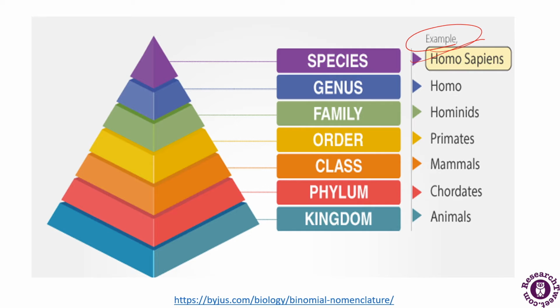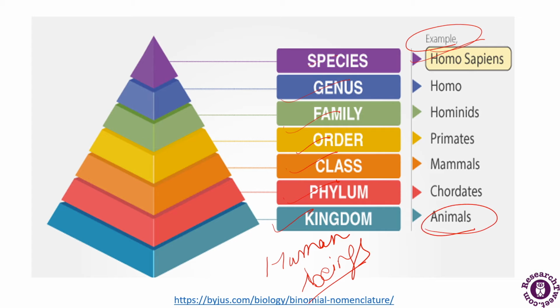First is the kingdom, then the phylum, class, order, family, genus, and species. If I take the example of human beings, they are called Homo sapiens. The kingdom is animal. The phylum is chordates. The class is mammals. Order is the primates, family is the hominids, genus is Homo, and the species is Homo sapiens.